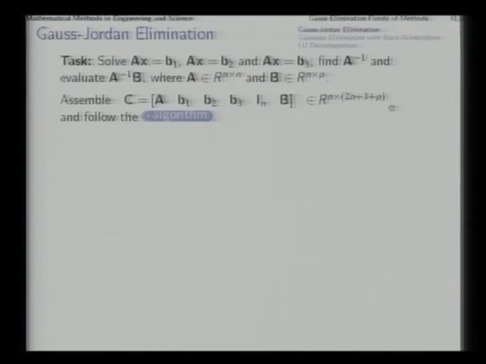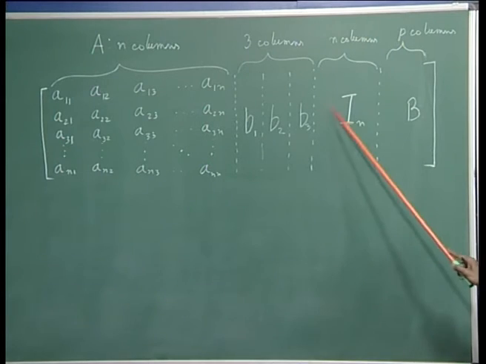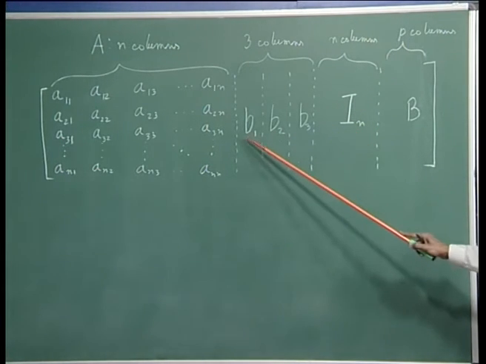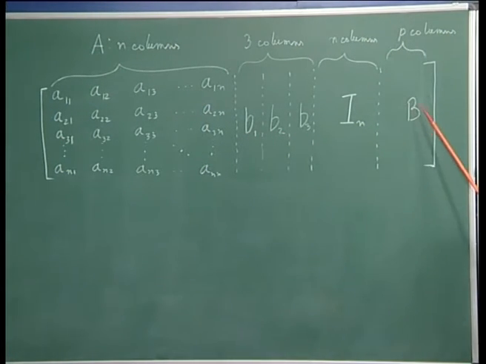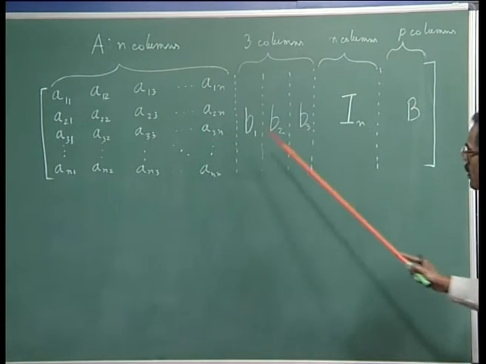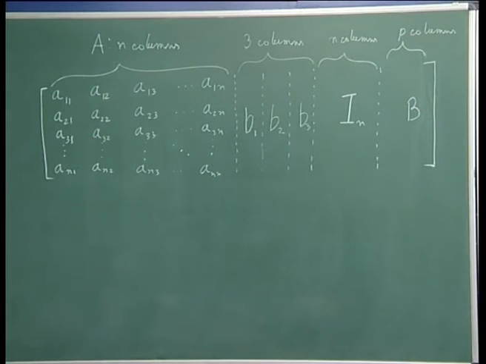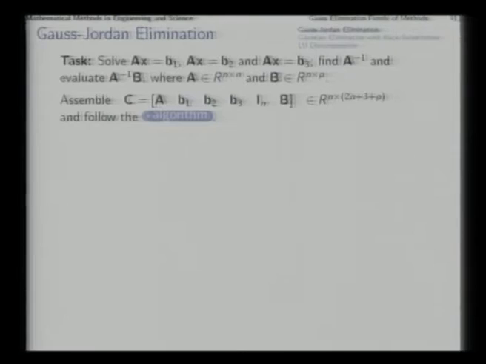In this, we have n columns in A, n columns in the identity matrix, 3 columns for the 3 right hand sides, and p columns in B. After we assemble this large matrix, which has been denoted here as C, then we follow the algorithm.